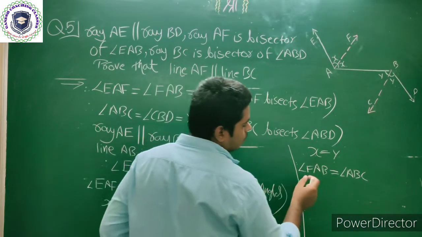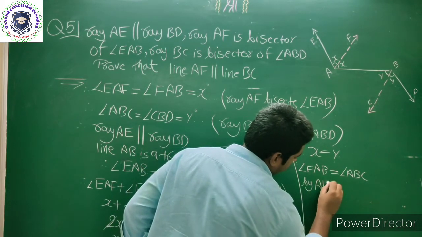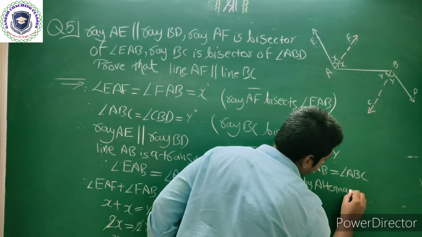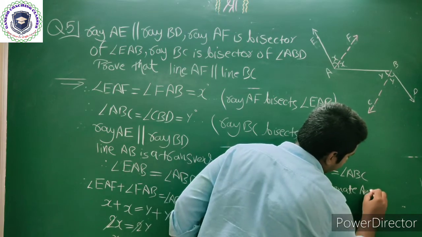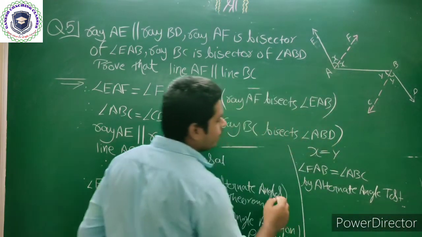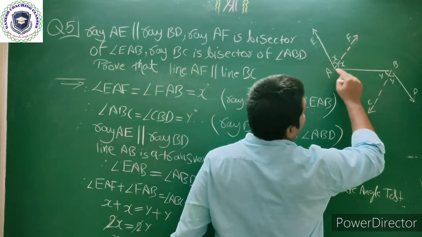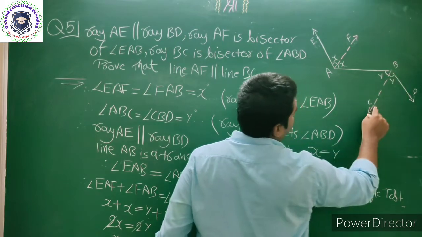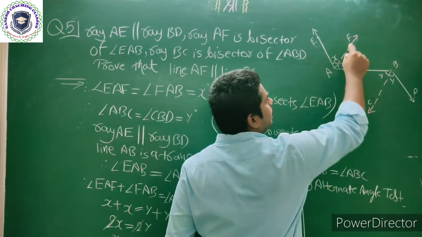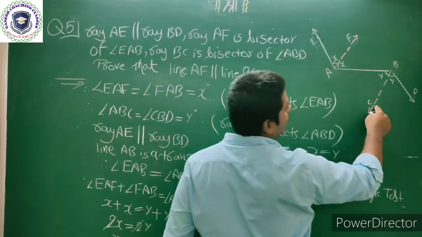Okay, so here we write by the alternate angle test, when FAB is equal to ABC, line or ray AF is parallel to line or ray BC.